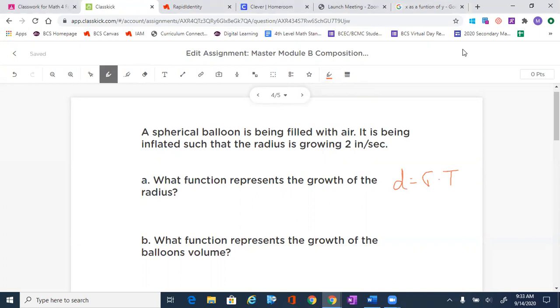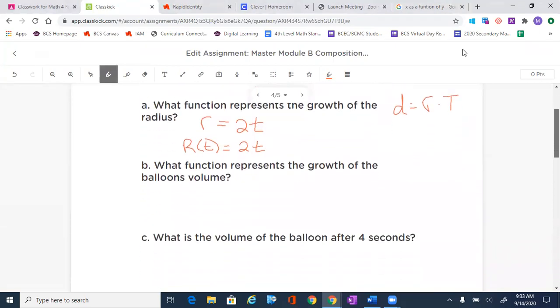What we're talking about is the distance being the radius. So I could say the radius is equal to 2t. Or in other words, r of t, the radius of t, is equal to 2t.